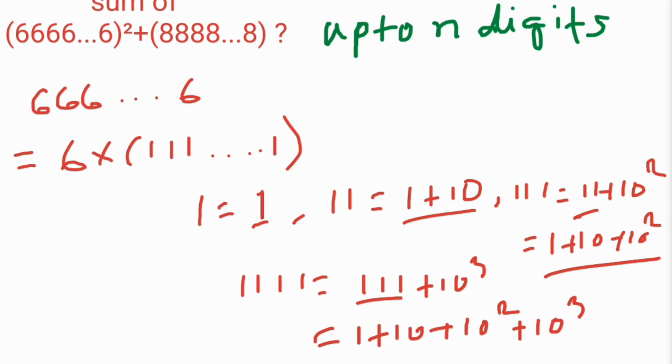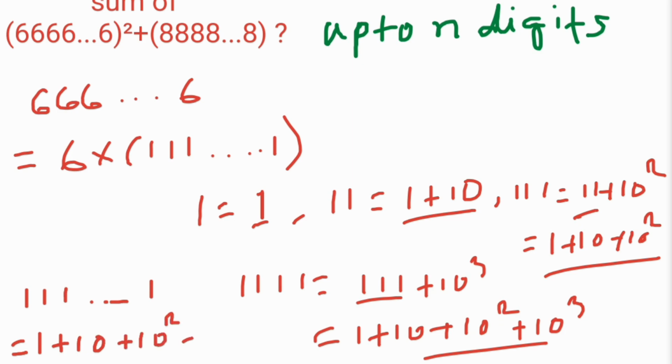So from here we can say, if a number contains only 1, n times, that is 1 till n digits, we can write it as 1 plus 10 plus 10 square, and so on, and the last one is 10 raised to the power n minus 1.